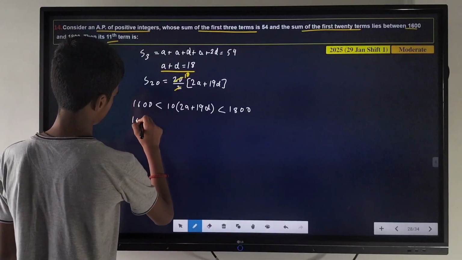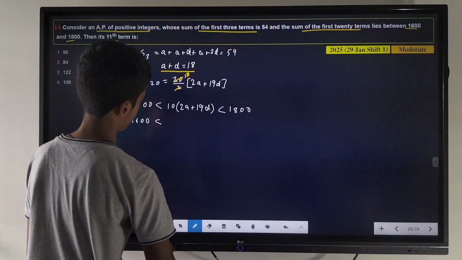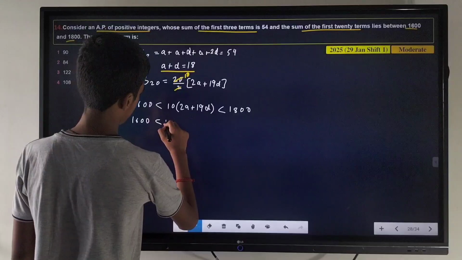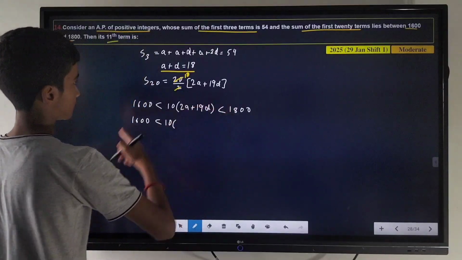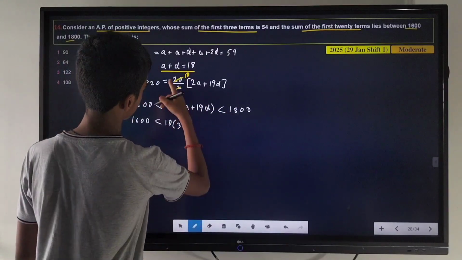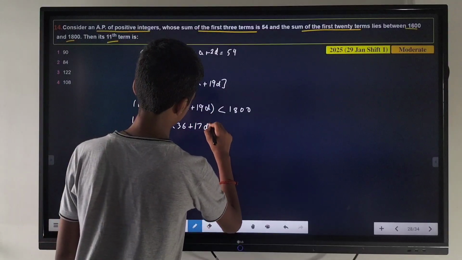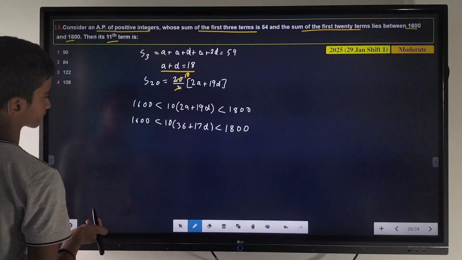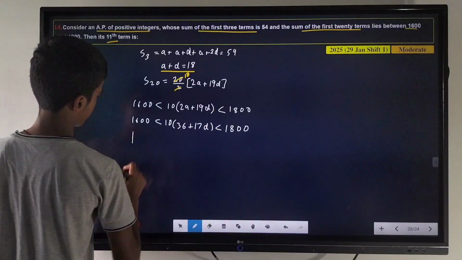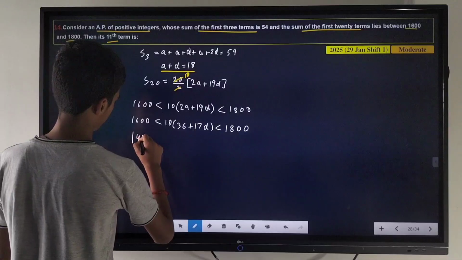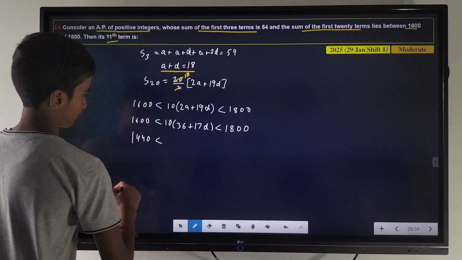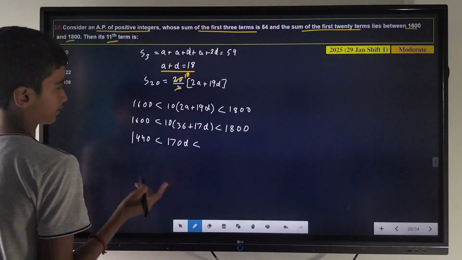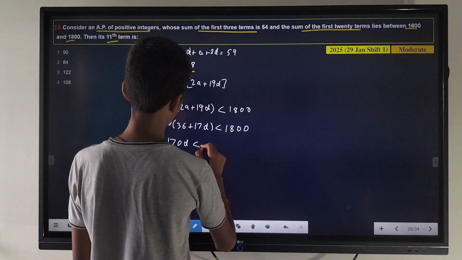We will take 2a plus 2d, which will be 36, that is 2 times a plus d, and the remaining 17d. Subtract both sides by 360. We will get 1240 less than 170d less than 1440.